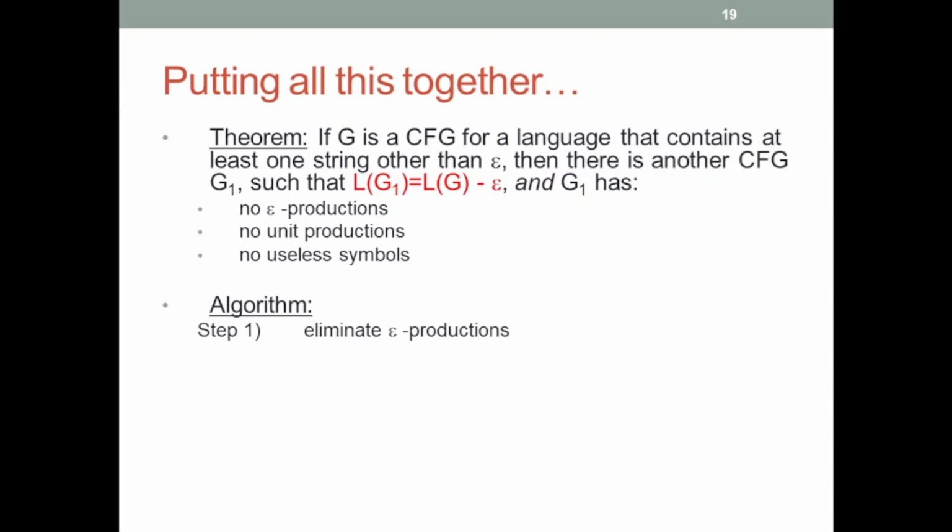So it is very important that you remember the algorithm. Step 1, eliminate epsilon production. Next step is to eliminate unit production, and the last step is to eliminate useless symbols.